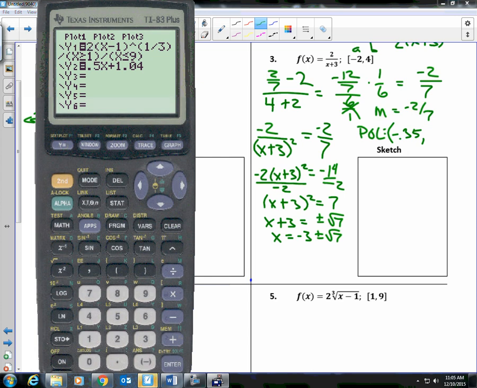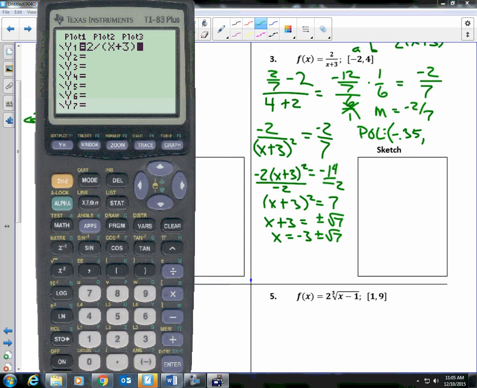Okay, so what I'm going to do now is I'm going to show you how to, instead of graphing the entire function, just graph a piece of it. So if you have your calculator, you're going to want to do this, but take 2 divided by the quantity x plus 3, and then I can restrict it so that instead of showing the entire graph, it just shows for the domain from -2 to +4. And here's what I do.